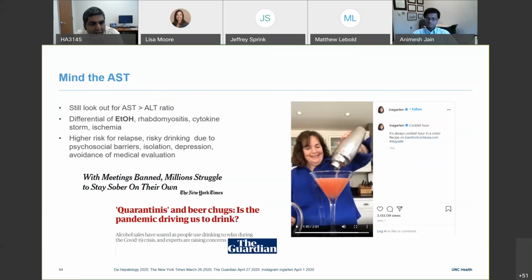It's been reported in the New York Times and Guardian about this increased drinking during this pandemic as well. So that's definitely putting more stresses on things like transplant evaluation, where people can't maintain their sobriety before transplant or even post-transplant, or even in those who have chronic liver disease from alcohol, it's hard for them to remain off alcohol in this setting as well.